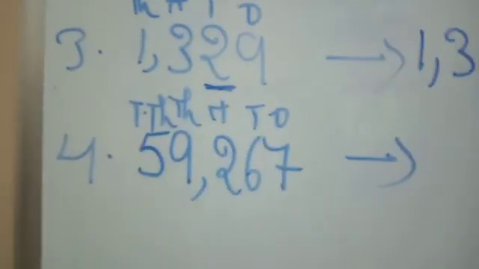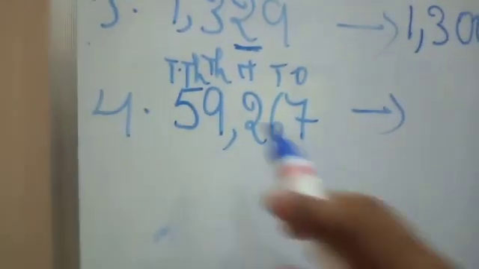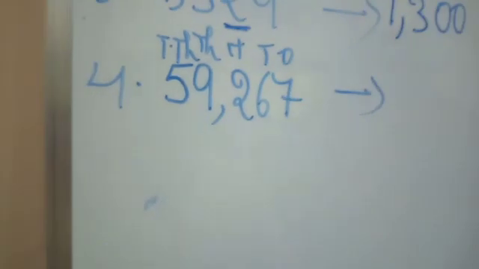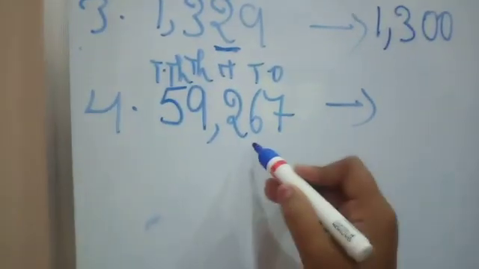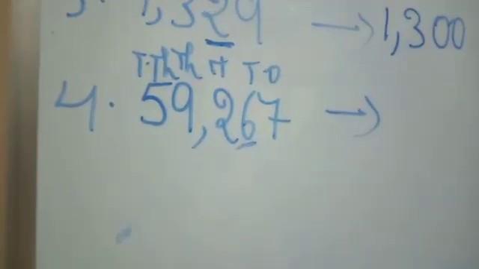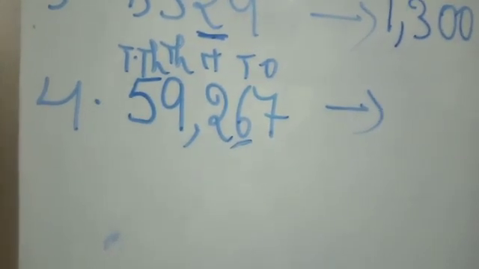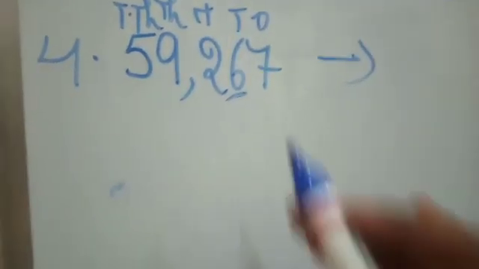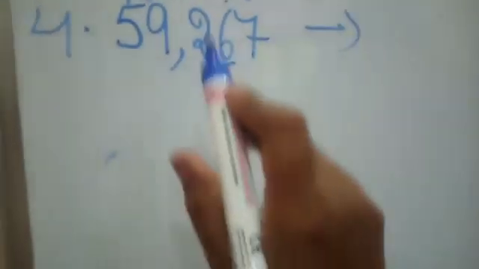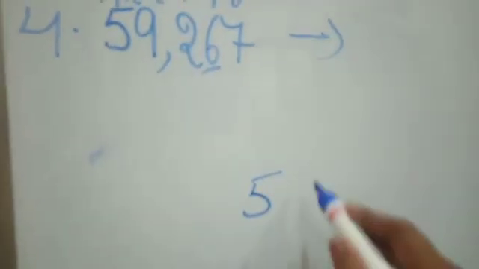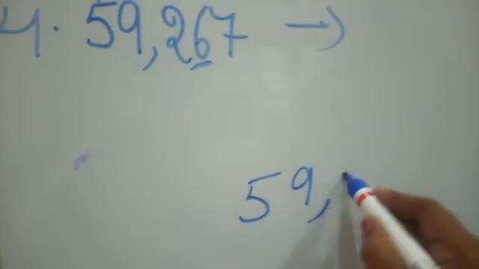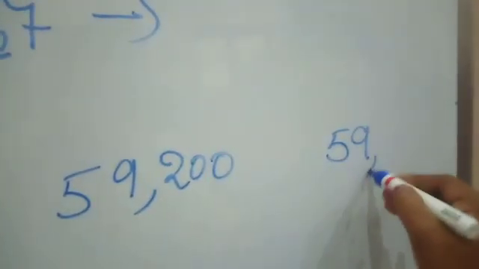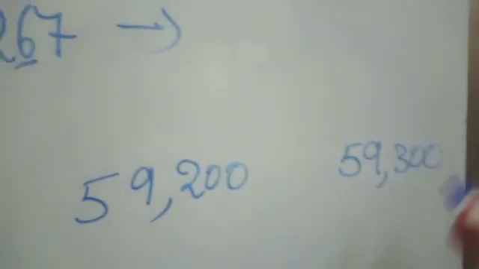In the same way, next question. 59,267. In tens place 6 is there. So which 100 will be the nearest? Greater 100 or lesser 100? For example, we can see 59,267 lies in between 59,200 and 59,300.